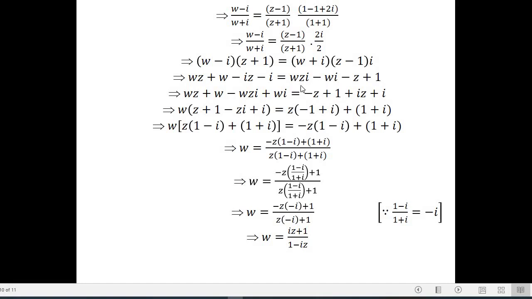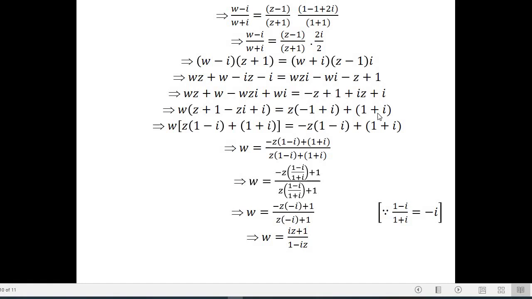Similarly in RHS, wz into i minus wi, take these two terms to LHS. In these four terms take w common factor, we get z plus 1 minus zi plus i, that is equal to, in RHS if we observe these two terms, take z common factor, we get -1 plus i.